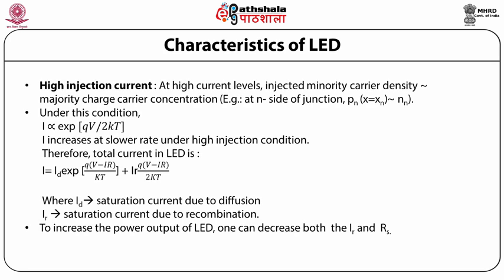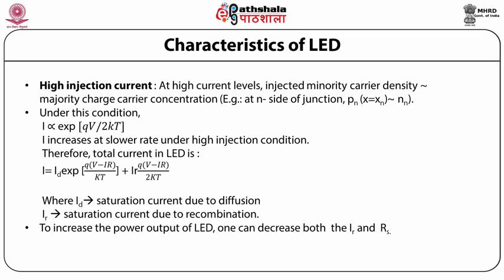Next is high injection current. At high current levels, the injected minority carrier density is approximately equal to the majority carrier concentration. Under this condition, I is proportional to exponential of qV by 2kT, so I increases at a slower rate under high injection.